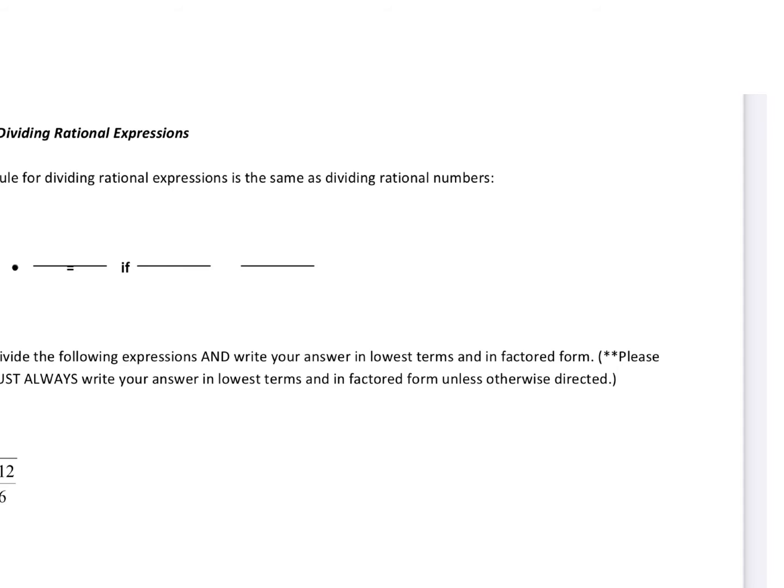So when you go to divide your rational expressions, let's say you had something like A over B divided by C over D. Let's say that was your original problem. We don't really ever divide fractions, right?